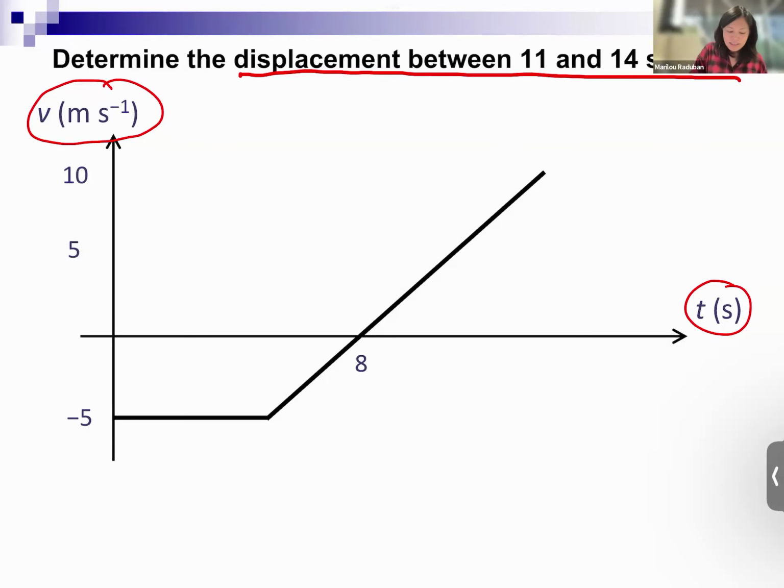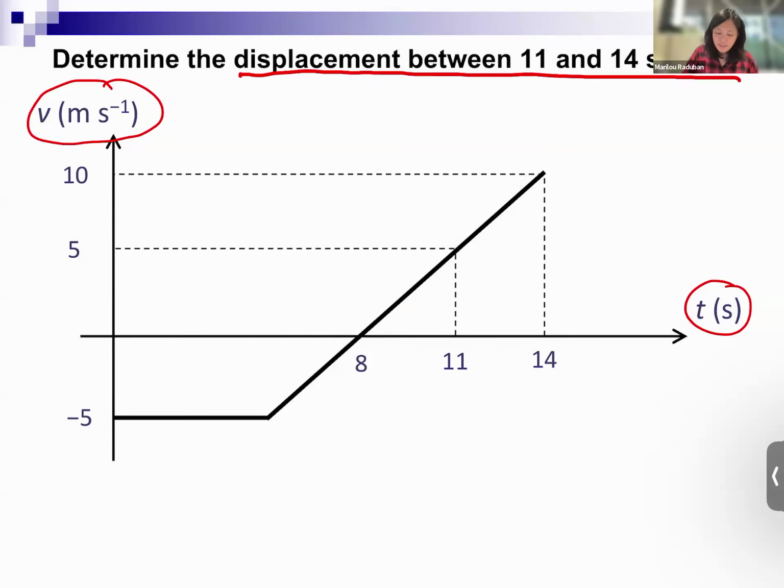We learned that if you have a velocity versus time graph, to find the displacement, you need to determine the area between the graph and the horizontal axis. We just want the displacement between 11 and 14 seconds, right?